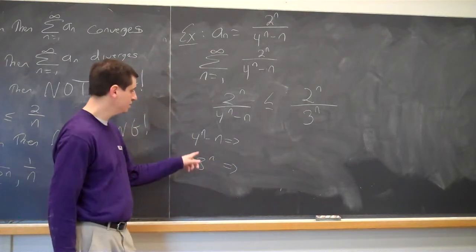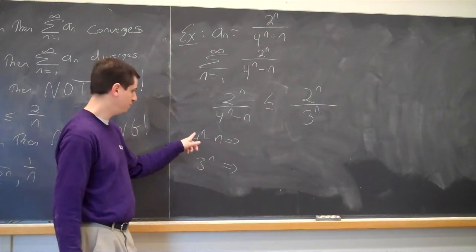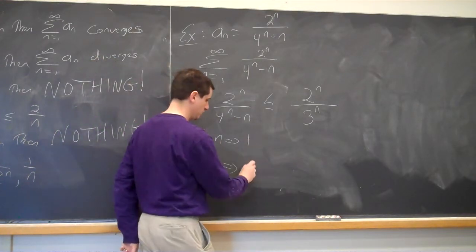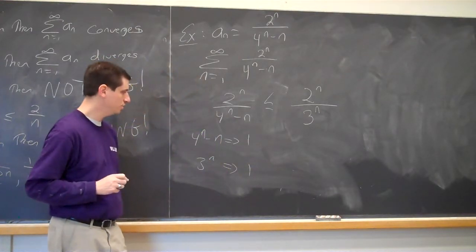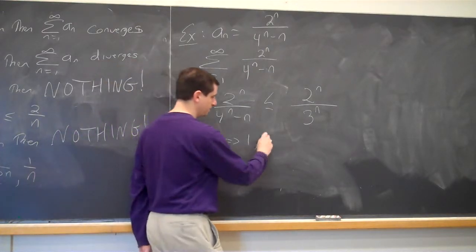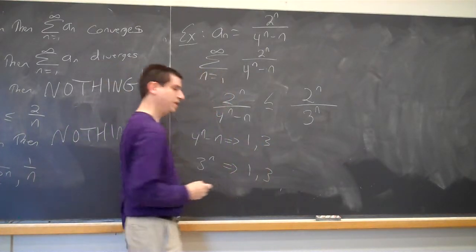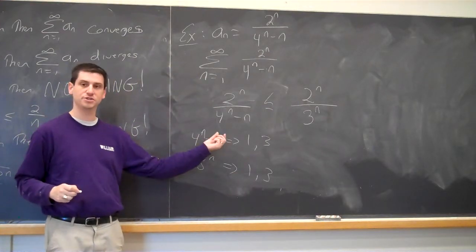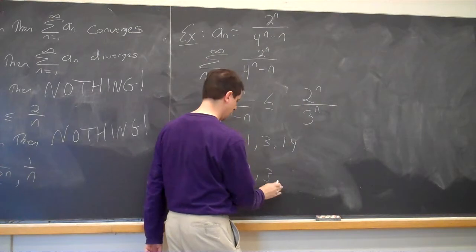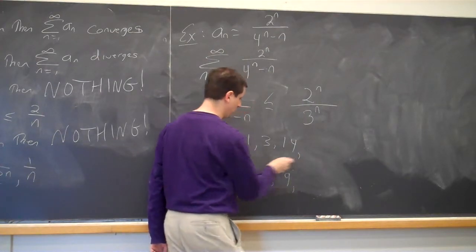When n equals 0, we get 4 to the 0 minus 0. That's 1, that's 1. When n equals 1, we get 4 minus 1 is 3, 3. When n equals 2, we get 16 minus 2 is 14, 9. I'll do one more.